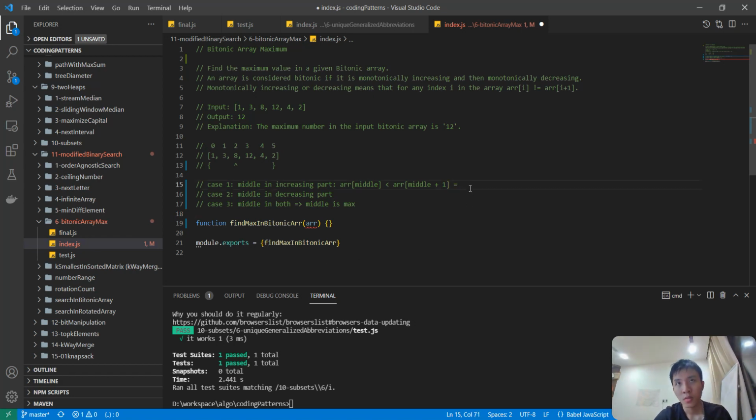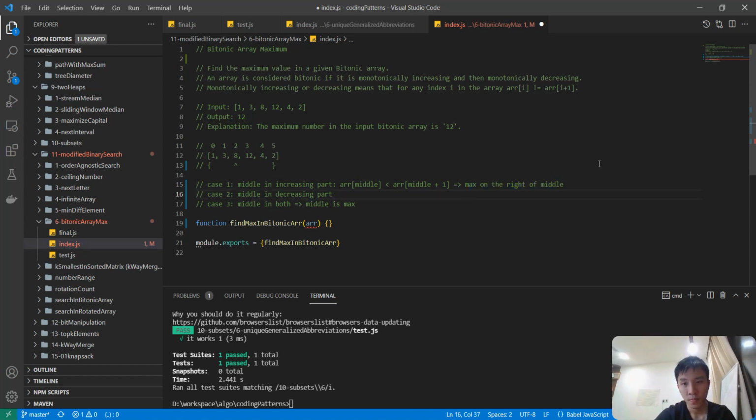So we can eliminate half of the input space, which is really nice.